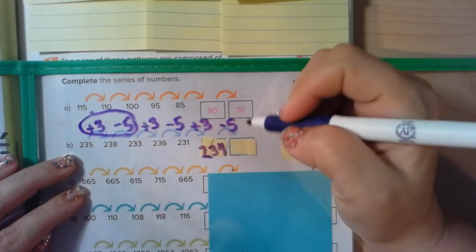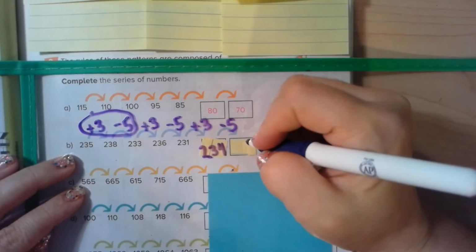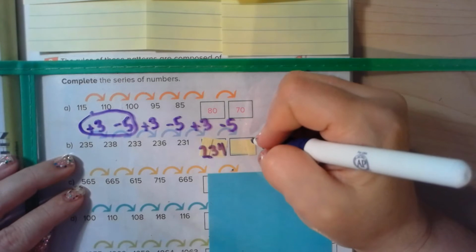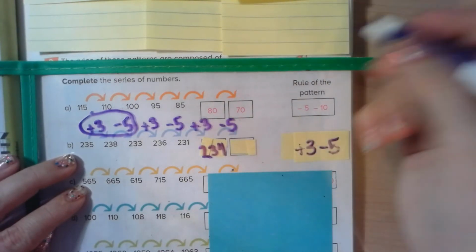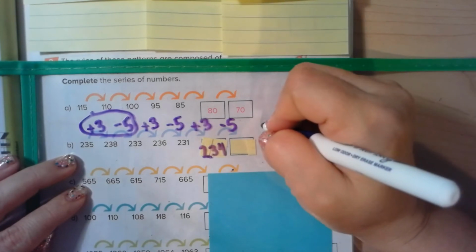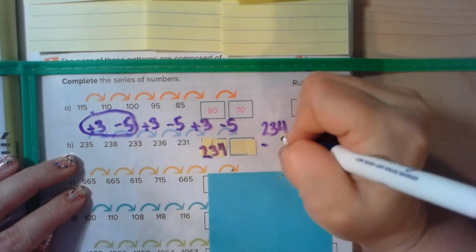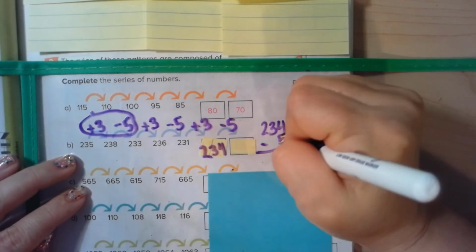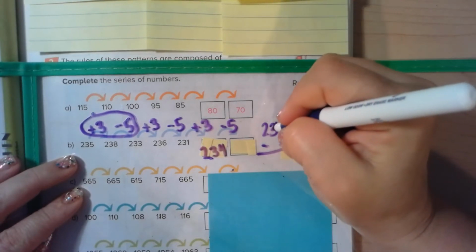Oof. Well, if I take away the 4, then I still have to take one more away. So what I'm going to do, you can either write it in your white space here that you have. You can write 234, take away 5. But if I have 4, I can't take away 5. I'm going to need to regroup.